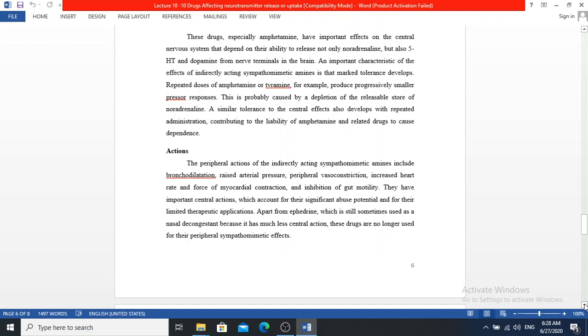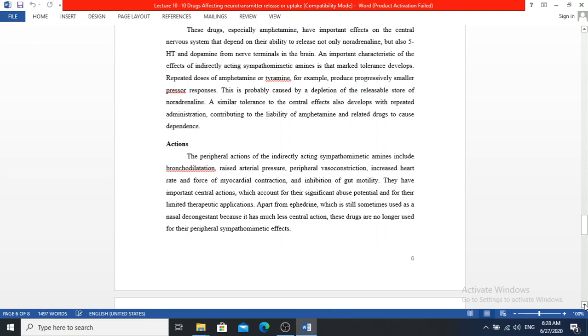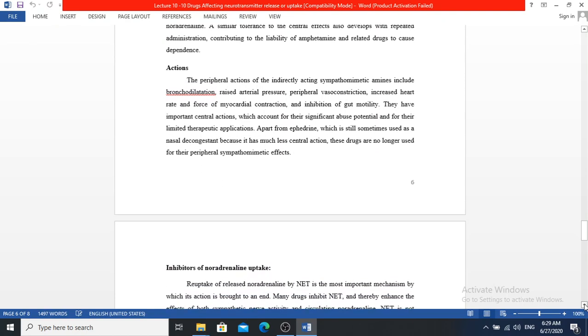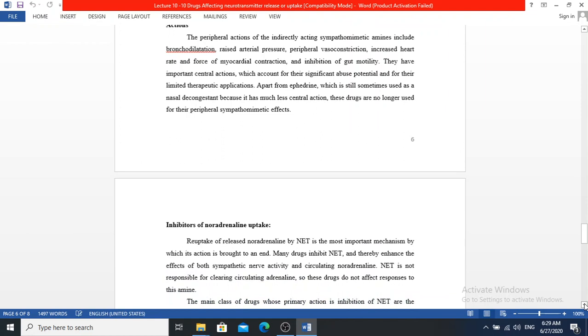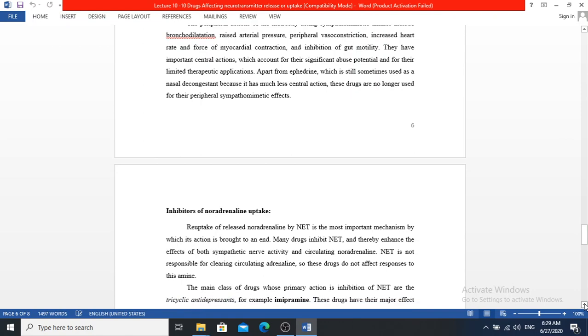They have important central actions which account for their significant abuse potential and for their limited therapeutic application, apart from ephedrine, which is still sometimes used as a nasal decongestant because of its much less central action. These drugs are no longer used for their peripheral sympathomimetic effects.